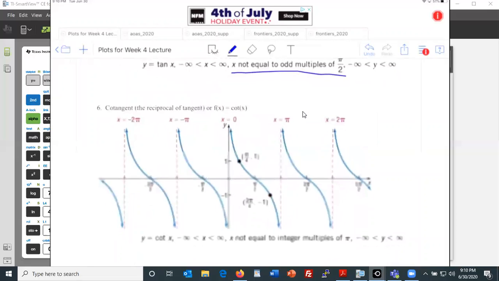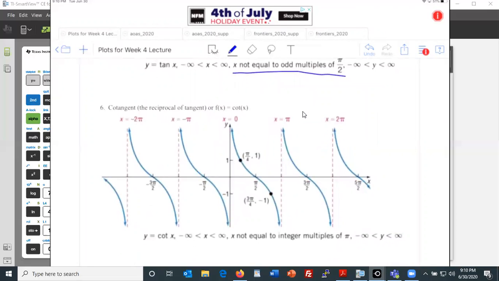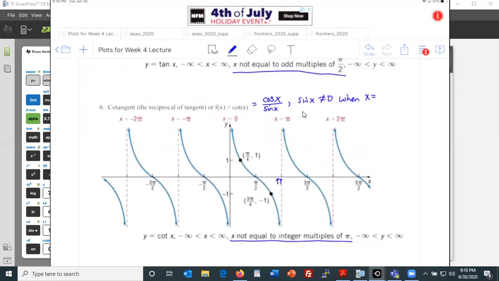And then the cotangent looks very similar. It also has asymptotes. But remember, cotangent is cosine over sine. So therefore, your denominator sine can't be 0. And that happens when x is a multiple of pi, whole numbers. So like here would be 1 pi, here would be 2 pi, and so on.